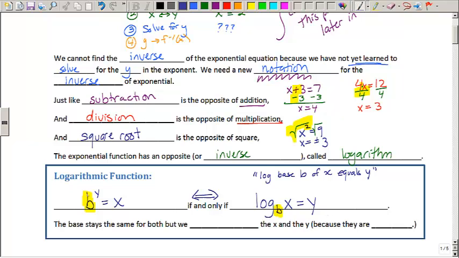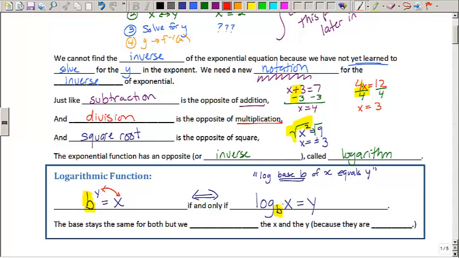So the b, which we call a base in the exponential, and the b, which we call the base here too, is the same in both. But one thing I want you to note is that the x and the y kind of switch sides, or change places here. Notice my y is the exponent of b, and x is the equals on the other side. And the x is now with b as the argument.